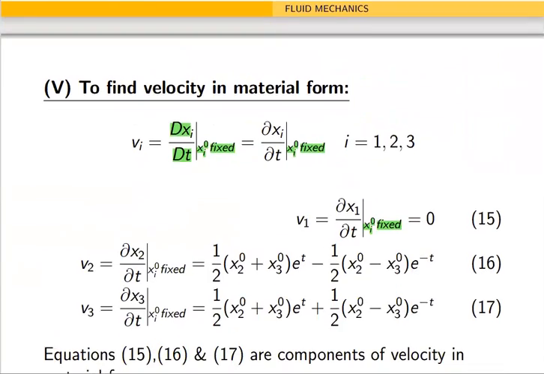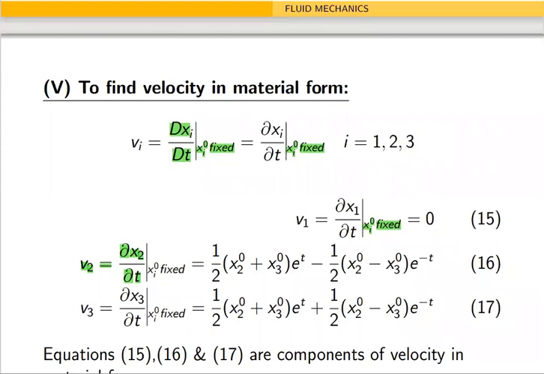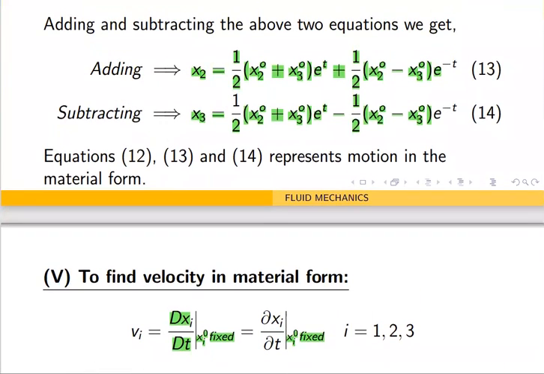Now go to V2. What is V2? Dou x2 by dou t, xi naughts fixed. So look at x2, that is equation 13. Differentiate this with respect to t with xi naughts constant. So x2 naught and x3 naught, they're all constants.